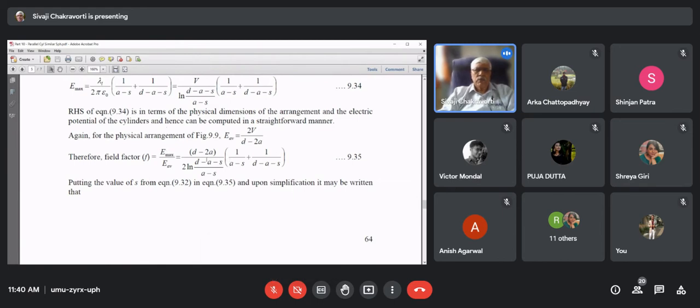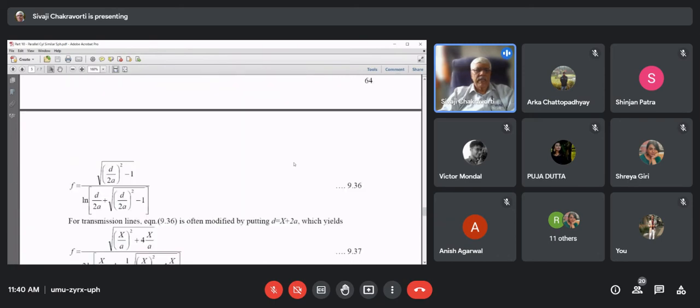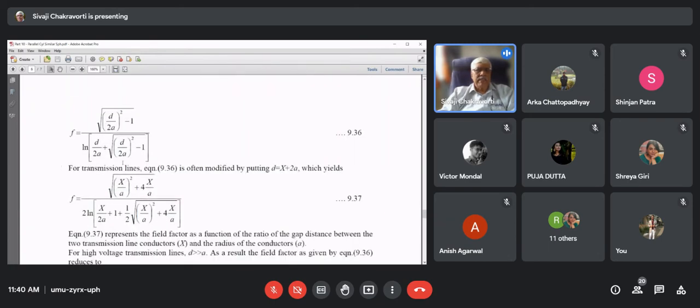So when we put this expression of S in equation 9.35, and you do some algebra, which you can do, you get 9.36. And now looking at 9.36, I can see that the field factor can be expressed clearly in terms of the distance d and the radius a. That's all.